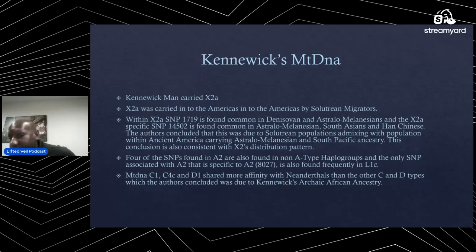Meaning it's not found in Canada, Alaska, Beringia, or Siberia, or anywhere in the world besides North America. So if it got here, the question that obviously needs to be answered is, how did it get here? They offered their explanation here, and it makes sense because of the way that X2A is clustered and patterned on the East Coast.